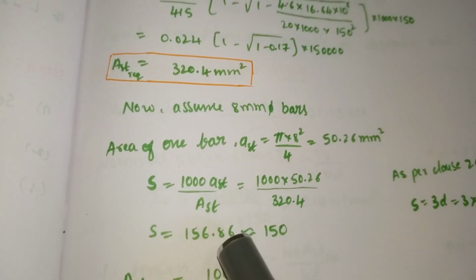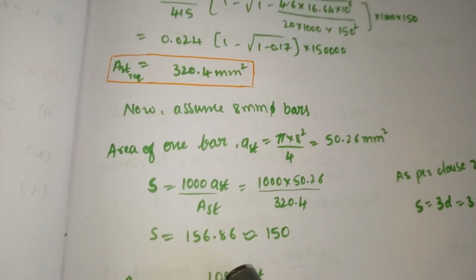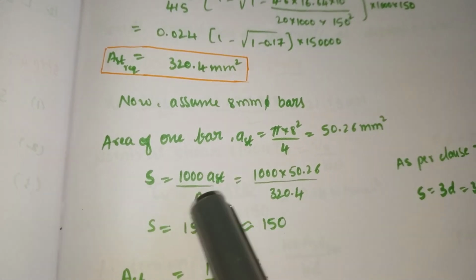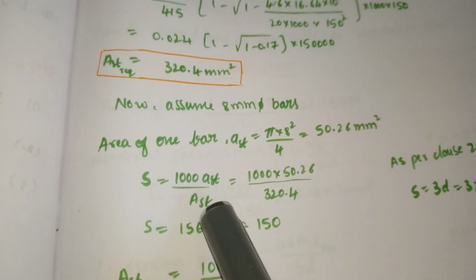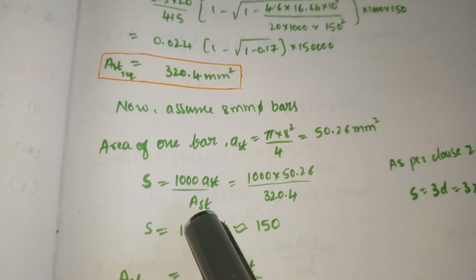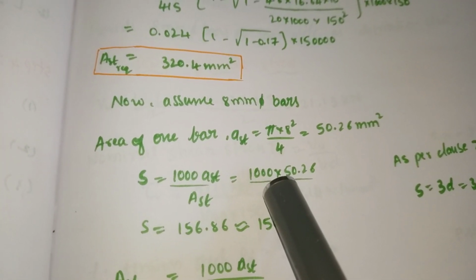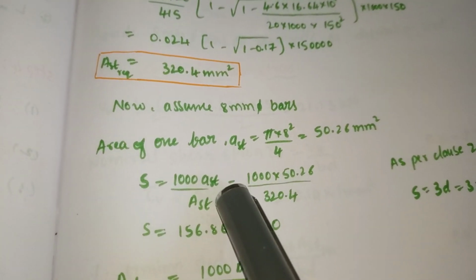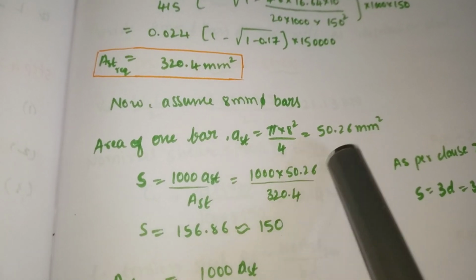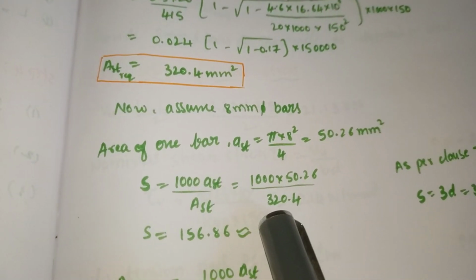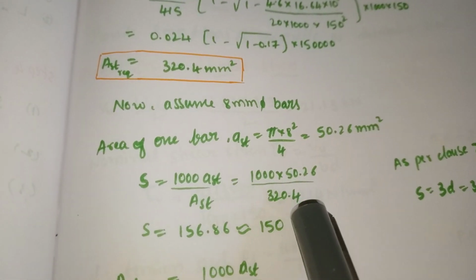Here in designing of slab, we need to provide the spacing. For that we have the formula 1000 into area of 1 bar divided by Ast. So substitute all the values: 1000 into area of 1 bar is 50.26 divided by Ast required we got was 320.4.